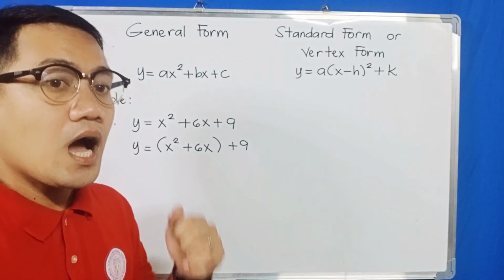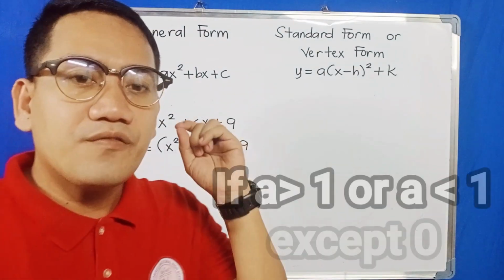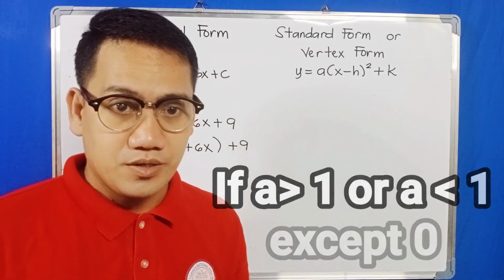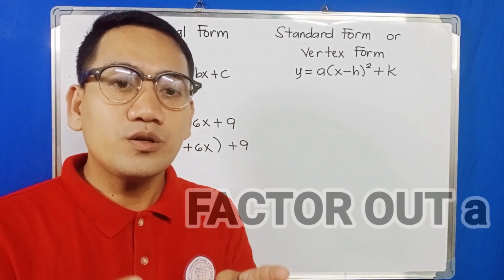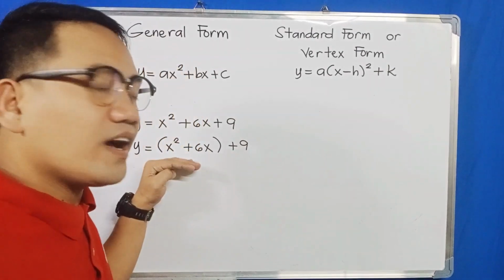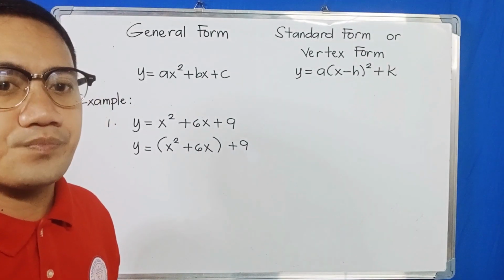In this case, our a is equal to 1. Remember, if our a is greater than or less than 1, except 0, we need to factor out a. But in this case, we will not factor out a because our a is already equal to 1.